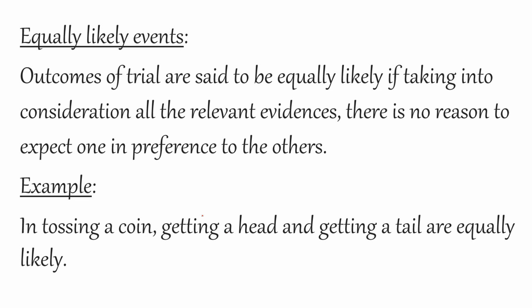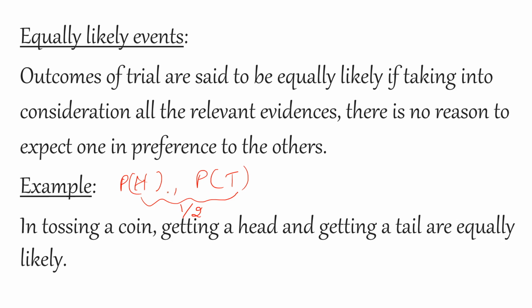See, the definition: if you consider the outcomes, no outcome will have any preference over the others. That is, if you toss a coin, the probability of getting a head and the probability of getting a tail will be equal.